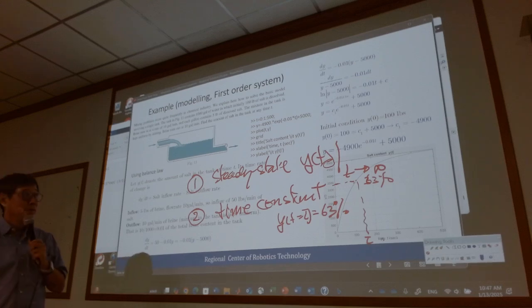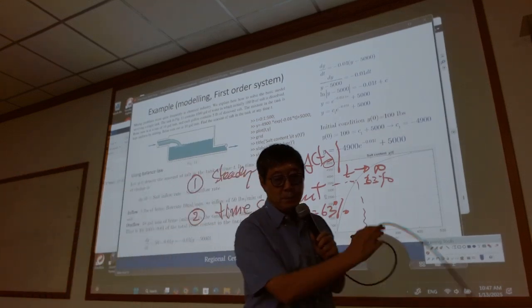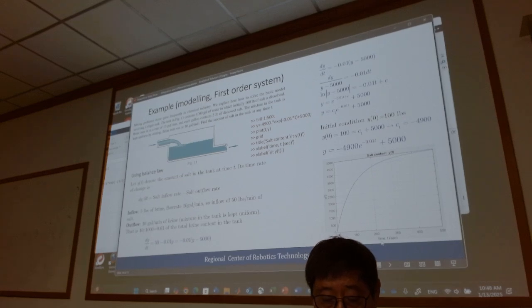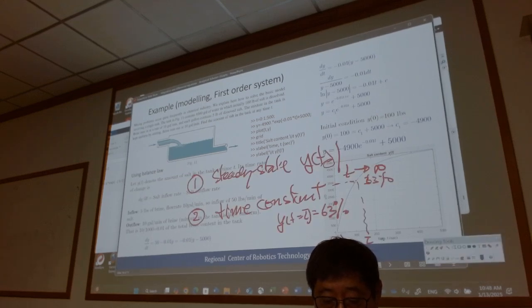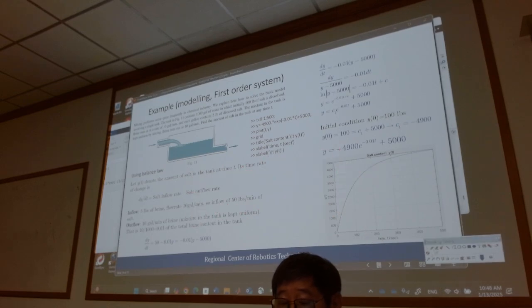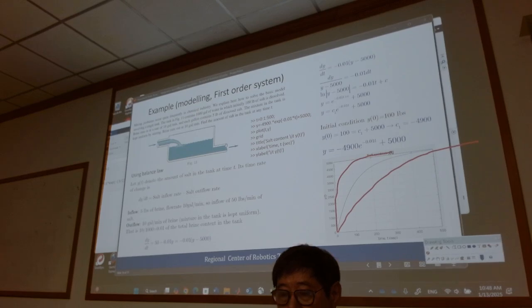For example, if you plot like this one, and you plot like this one, this is the fastest one.